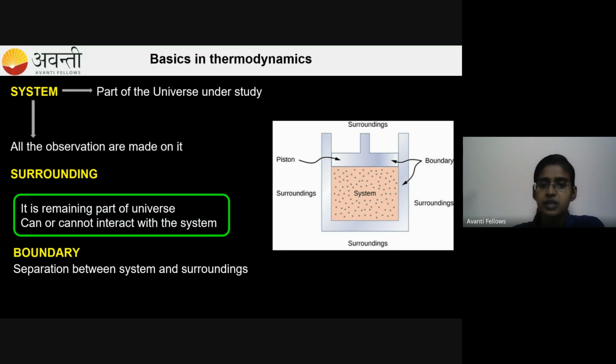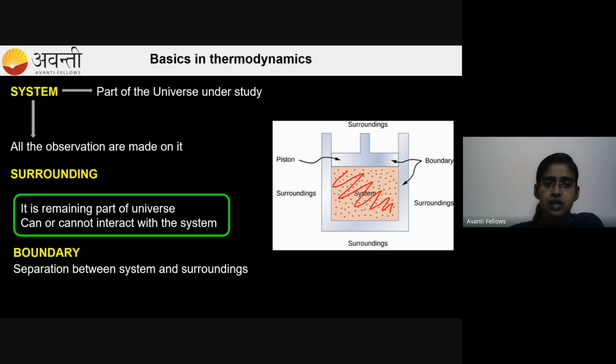You can see a picture here. That is a container and some gas molecules are present inside that container and one piston is connected with it. Now this is the part which is under study. Gas molecules are the ones under study, so that is called the system, and all the observations are made on the system only.